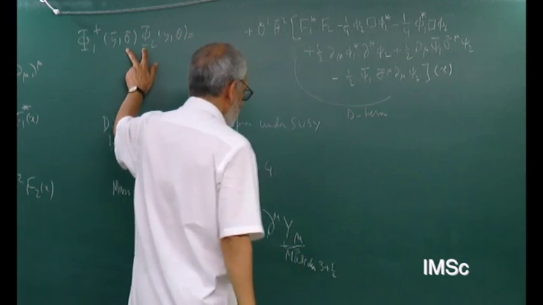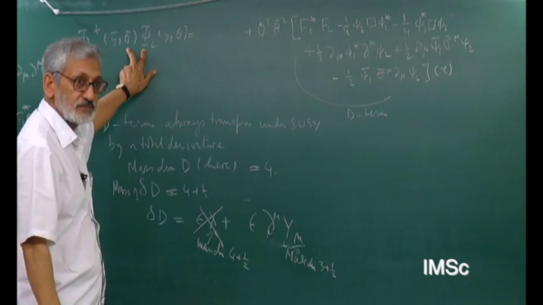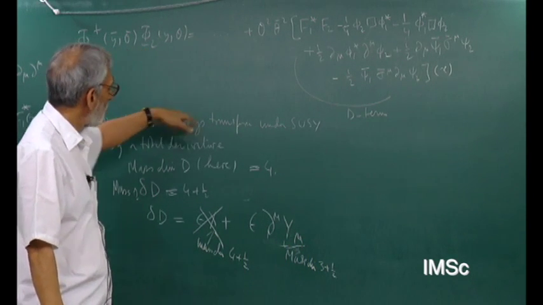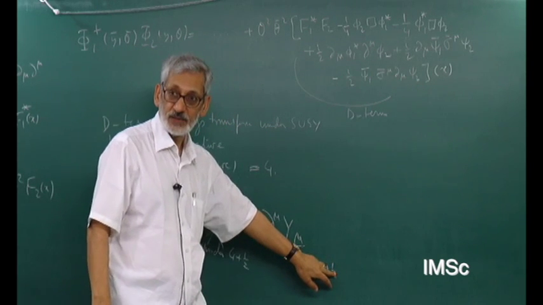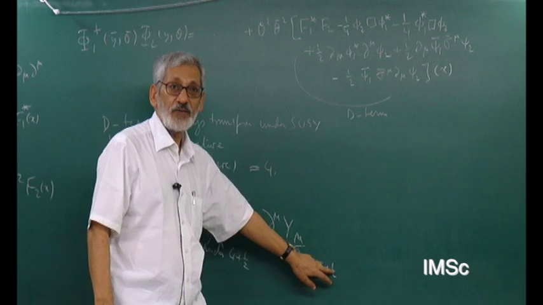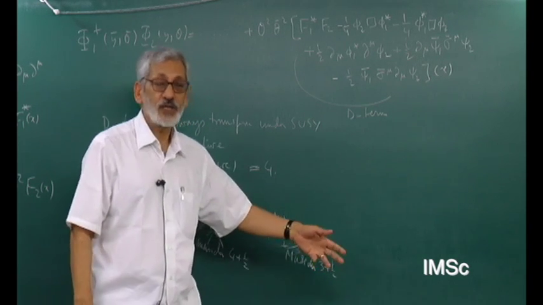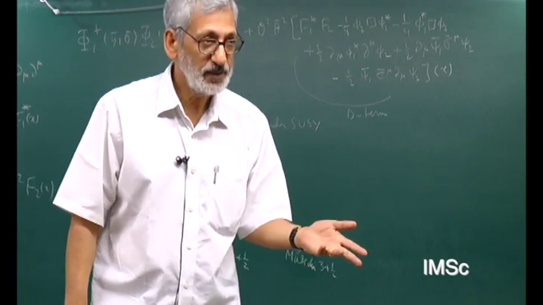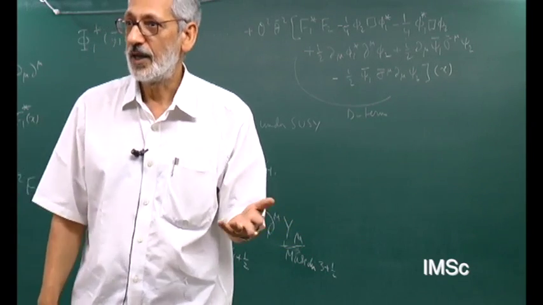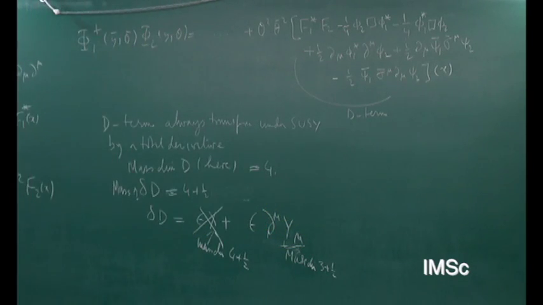This is mass dimension 2. So some component here which is mass dimension 3 plus half, which is 1.5 larger, is the coefficient of a 3 theta term, because a 3 theta term will have mass dimension 3 plus half.